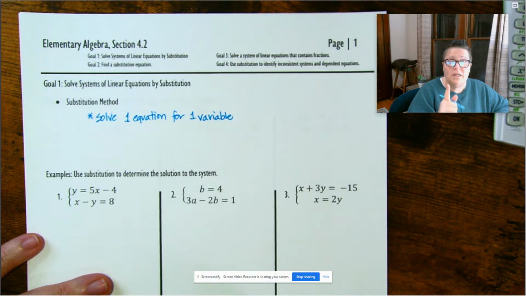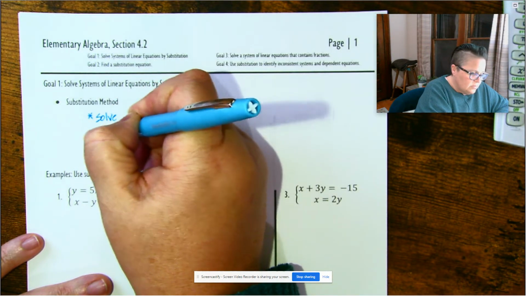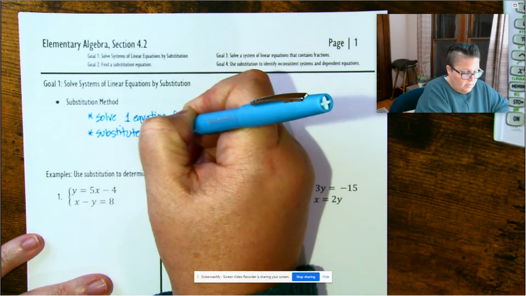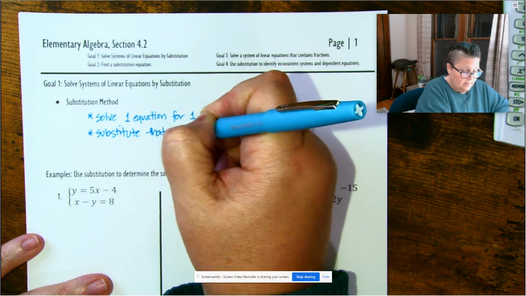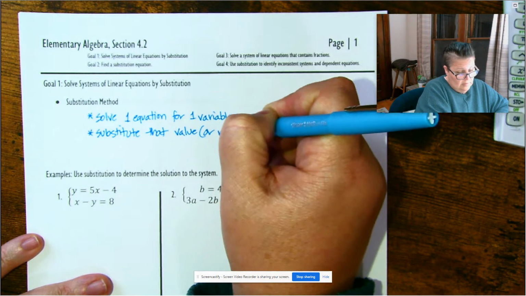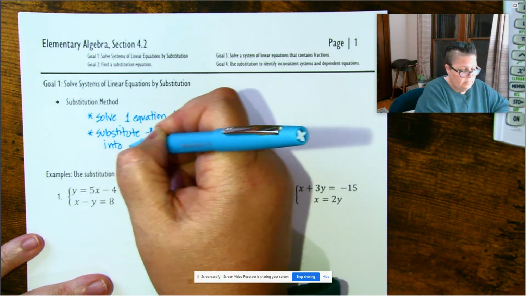So we're going to solve one equation for one variable, and then we're going to substitute that value, or in some cases, that mess, into the other equation.